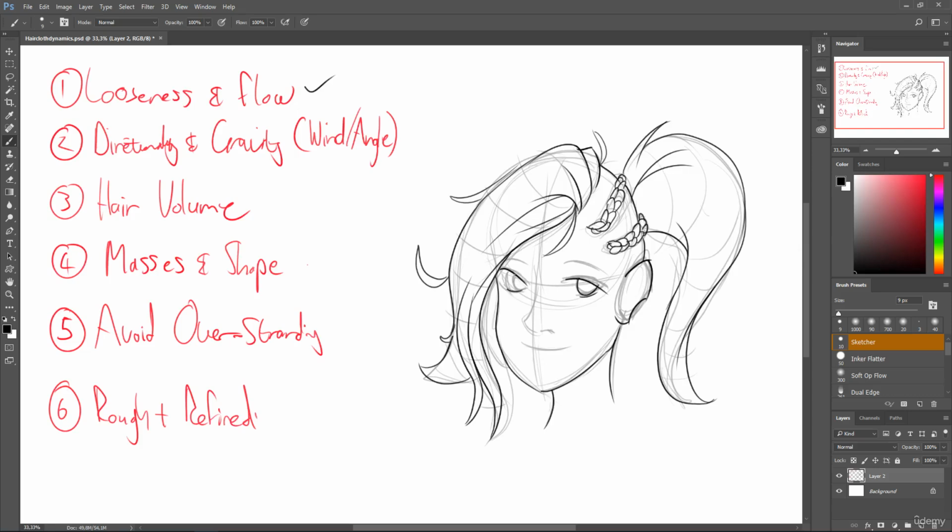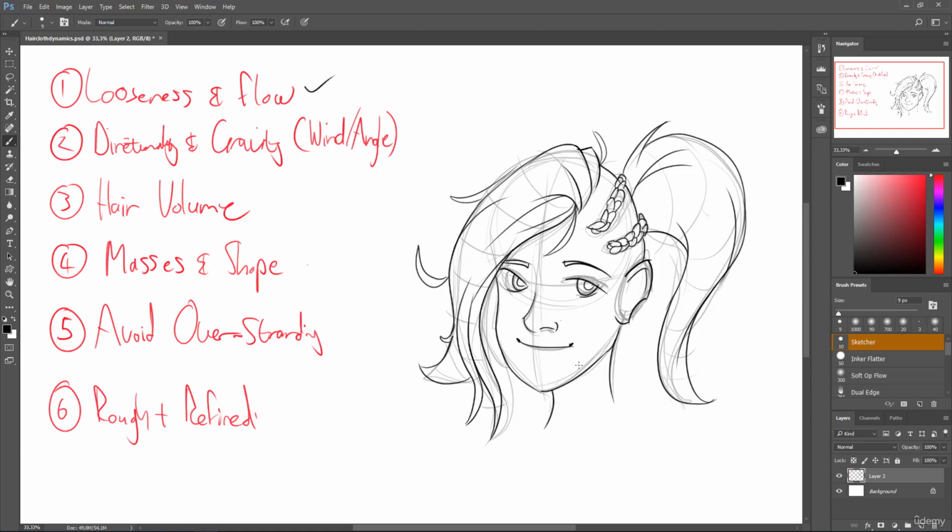Okay, so just adding in these extra details quick, just to kind of finish the look a little bit. But looseness is pivotal. All right. So looseness is absolutely pivotal. And don't be tempted once again to put a million lines in the hair.